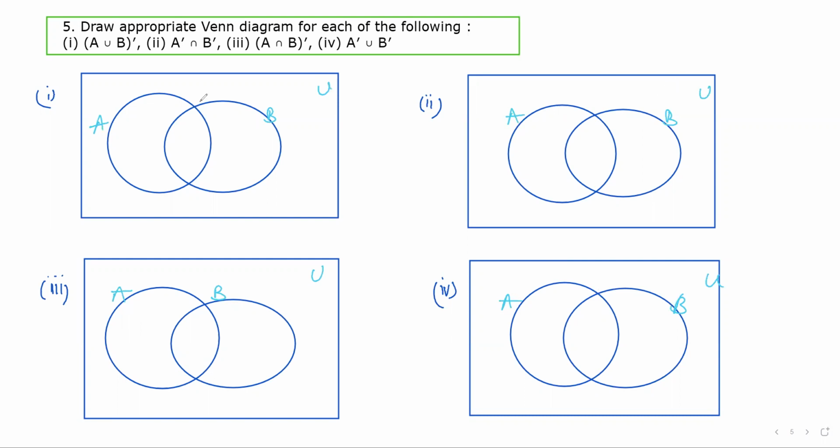So this portion would be A union B, all portion from A and all portion from B combined. Its complement would be anything but this region. So from the universal set, subtracting this region. So instead of this region, we'll have to shade the exterior region. This would be the required answer.